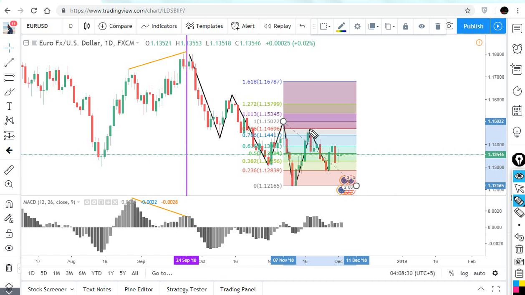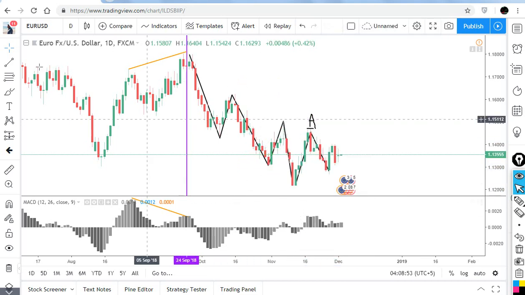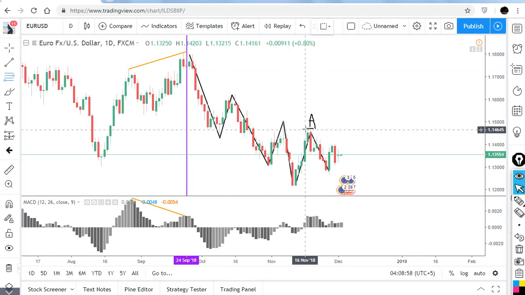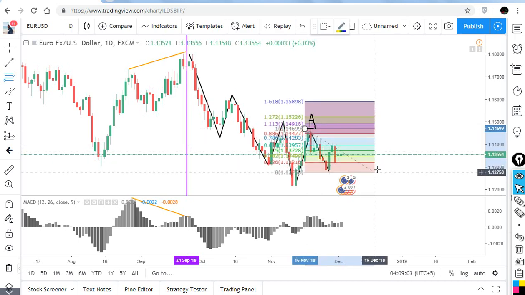So now we are here and we take the A wave. Now, according to the future, what will be the B part, right? So now we will change it from here. We change this to focus in a normal way on this current A wave, right? So it will define for us how much it retraces at maximum.